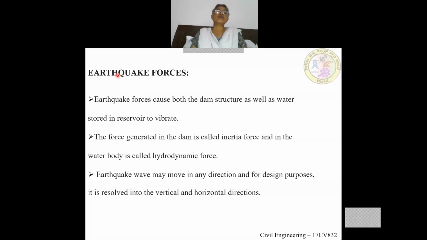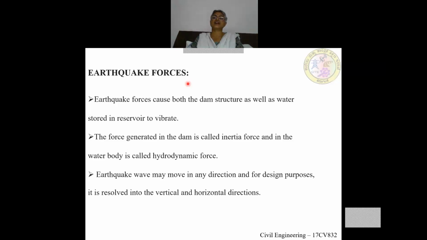Next, we'll see the earthquake forces. We discussed the water pressure. One is the external water pressure and the other is the internal water pressure. External water pressure is due to the water stored in the reservoir, which is in the horizontal direction, and internal water pressure is due to uplift force because of the water which seeps into the body of the dam.